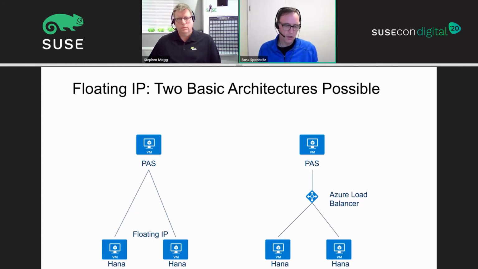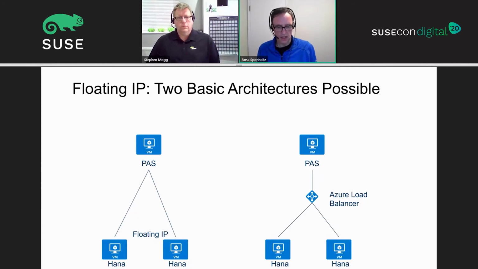In a traditional on-prem environment, what we would have is what's called a floating IP address, which is able to, let's say, be on, in this diagram, HANA 1. And as we're operating, that's fine. The primary app server, for example, talks to HANA 1. And if there's a failover necessary, the cluster can control which node is talking on that IP address.